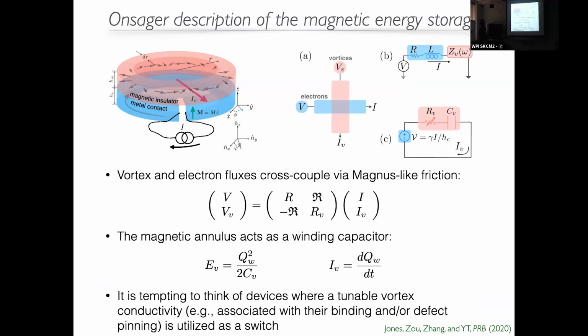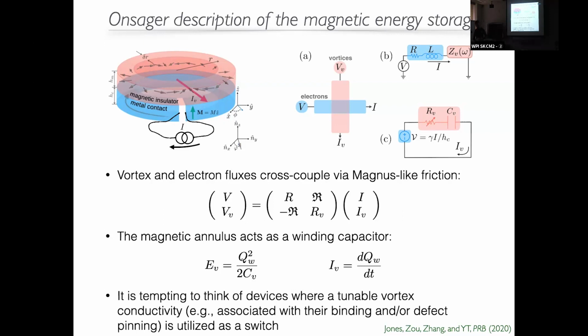In the simplest description, these two hydrodynamic flows might be described by such an Onsager reciprocal response relationship. So these are the fluxes, these are the conjugate voltages, the electrical impedance, the vortex impedance, and this is the Onsager reciprocal drag between them.